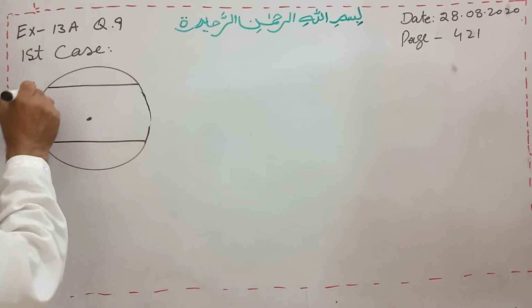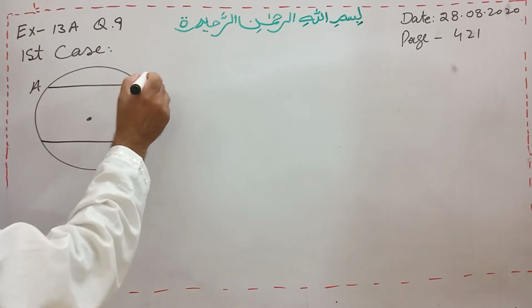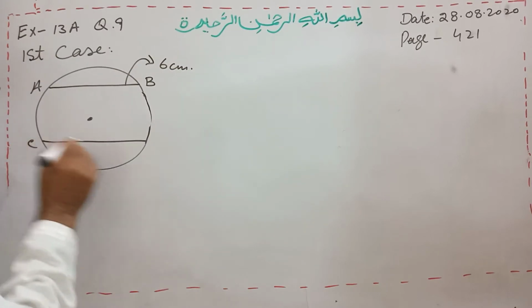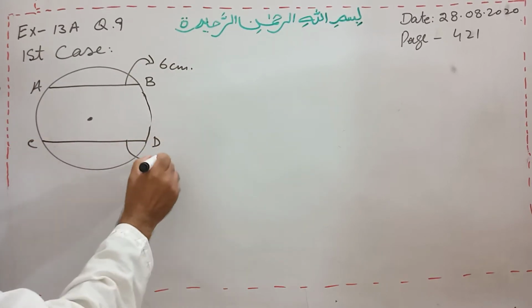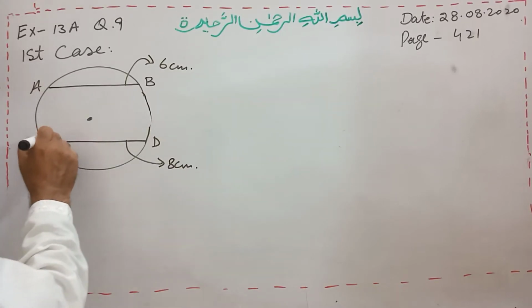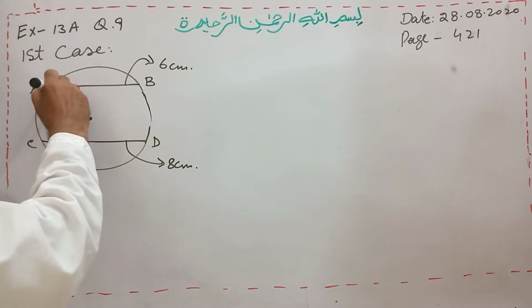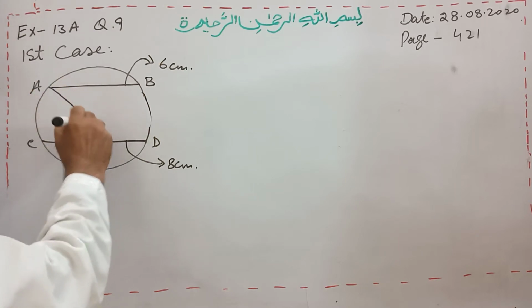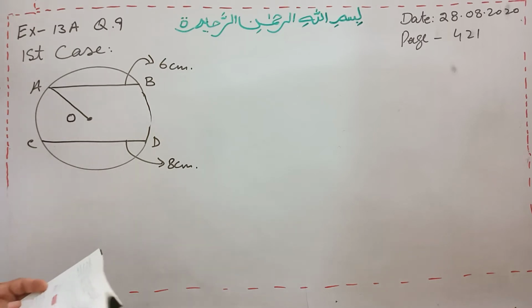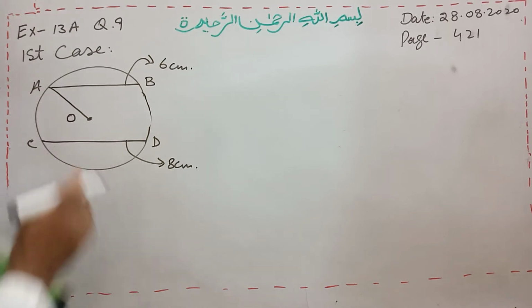Let AB be 6 centimeters and CD be 8 centimeters. The radius of the circle is given as 5 centimeters. Join A to O.